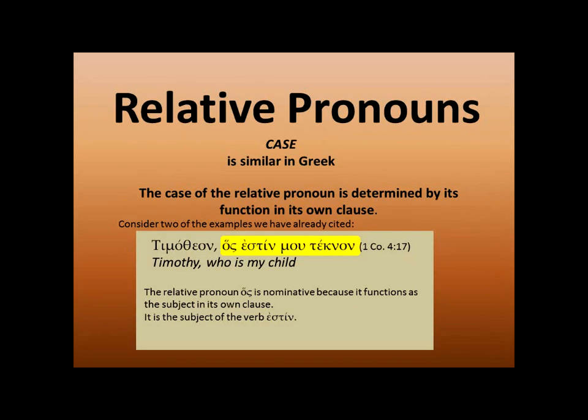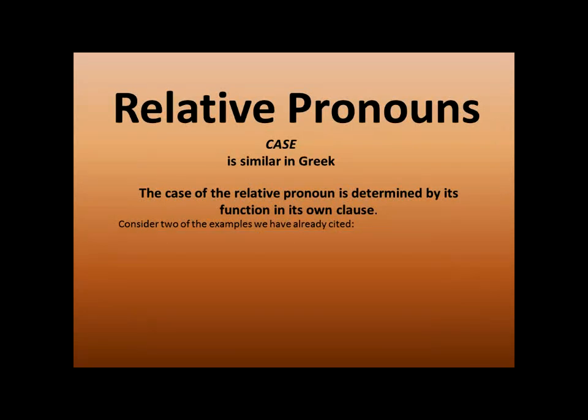It is the subject of the verb estin, who is my child. It need not agree in case with its antecedent Timothen. Timothen, accusative, but has, nominative, because in its own clause it is the subject.